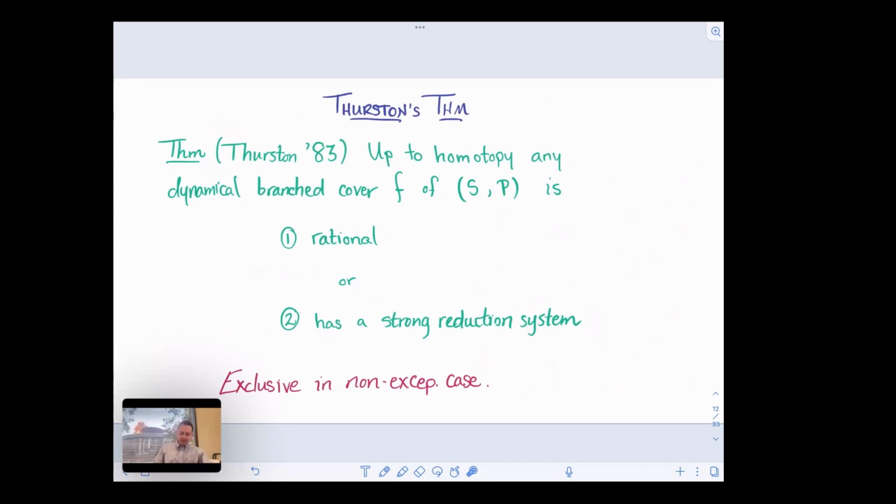Okay, so now Thurston's theorem is that up to homotopy, again, it's just restating, any dynamical branch cover is either rational/holomorphic or it has a strong reduction system. Okay, and in the non-exceptional case, it's exclusive. I'll explain why it's not exclusive in the exceptional case. But the whole point of the exceptional case is that the orbifold universal cover is the Euclidean plane.